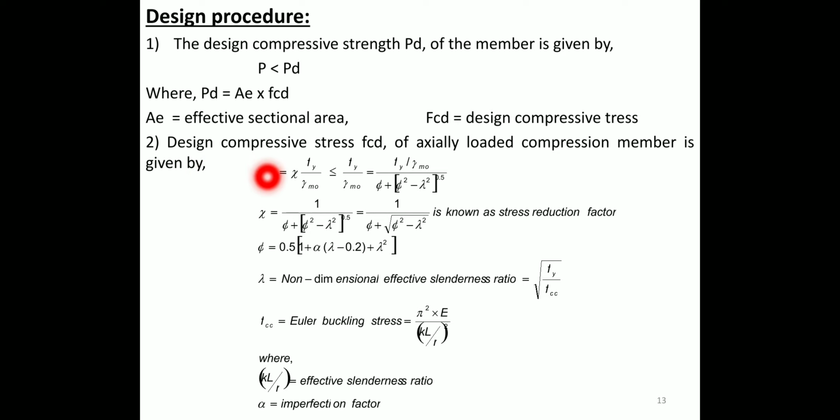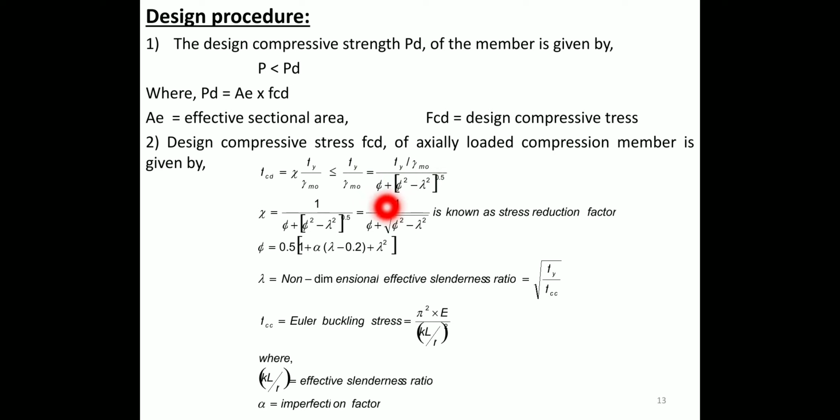Then the second point: the design compressive stress FCD of an axially loaded compression member is given by FCD equal to chi, denoted by this letter, into Fy divided by gamma m0, less than or equal to Fy divided by gamma m0. We can write this equation as Fy divided by gamma m0, whole divided by [phi square minus lambda square] raised to 0.5.